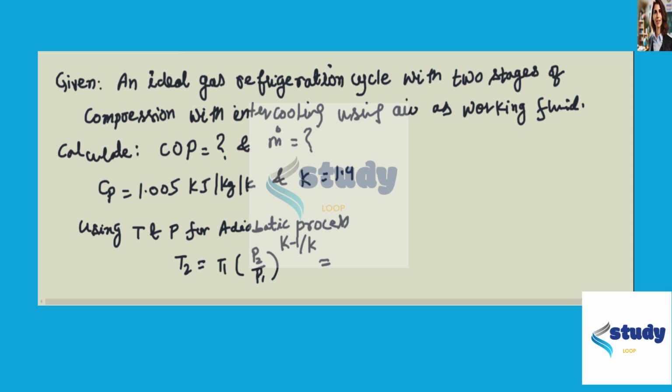Temperature of first state is given in the problem, 249 Kelvin. Compression ratio is given in the problem, 3, with exponent 0.4 upon 1.4. So temperature at second state you will get 340.8 Kelvin.